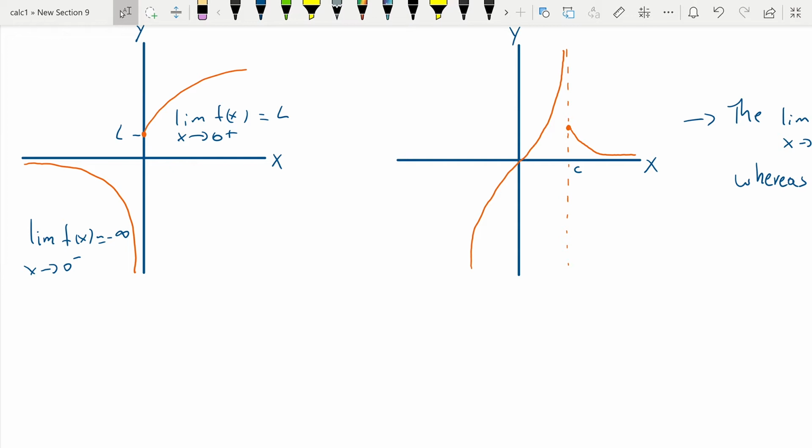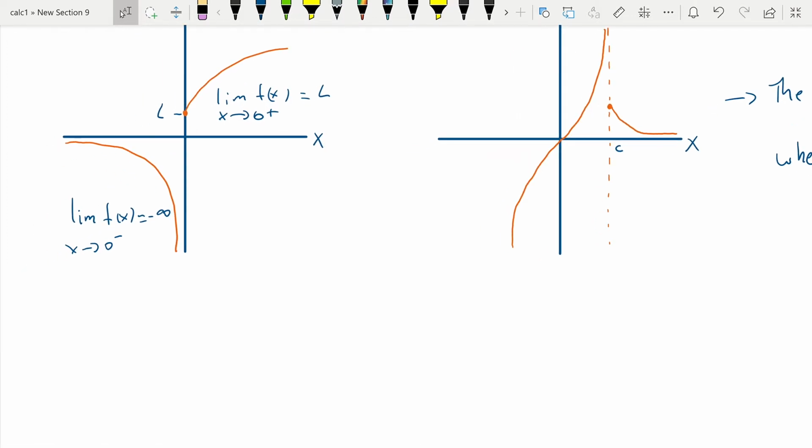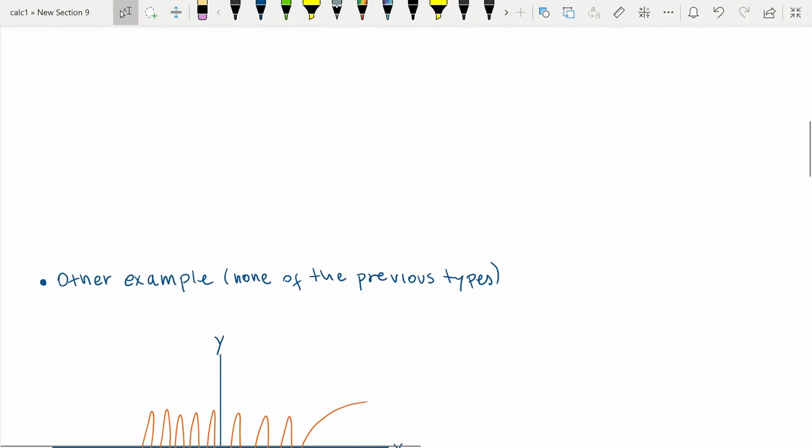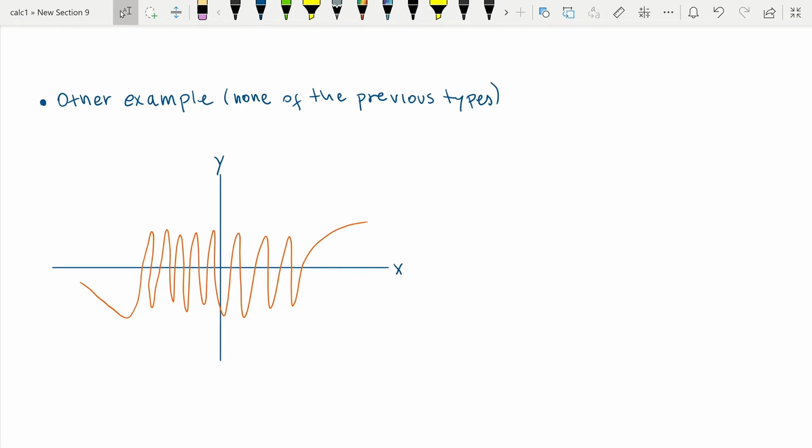Now, of course, there are several other ways in which discontinuities can happen. One is something we had already seen with the case of the function sine of 1 over x at the origin.